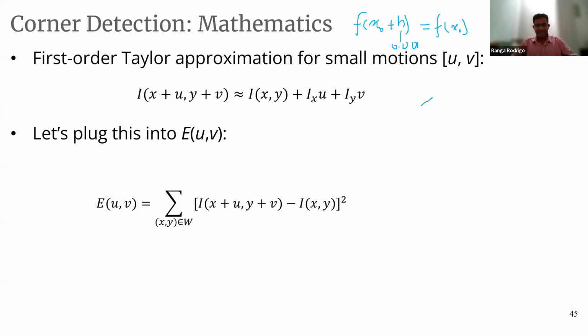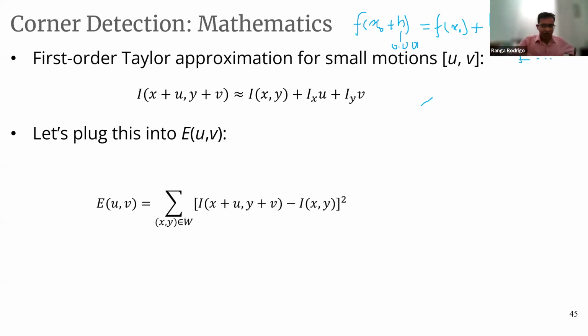And then what is the next term? The next term you get is h times f prime of x, the derivative. Of course, you can keep on writing them. The next term will be h squared divided by 2 times f double prime of x, the second derivative, and so on.